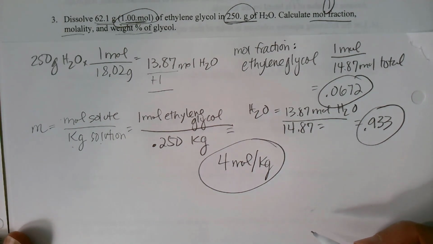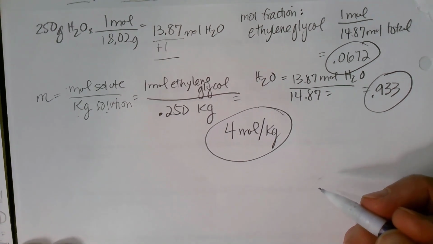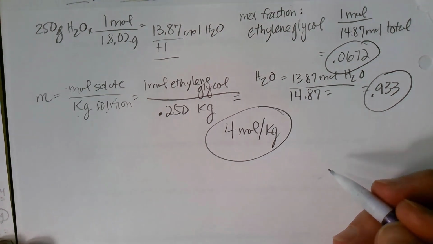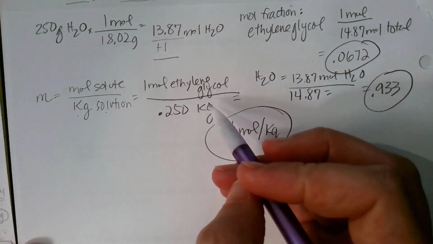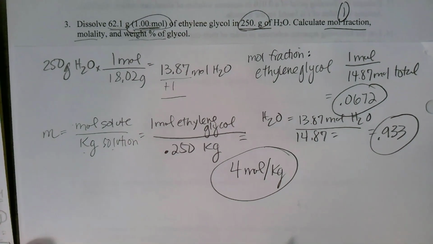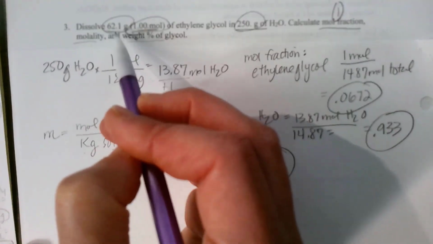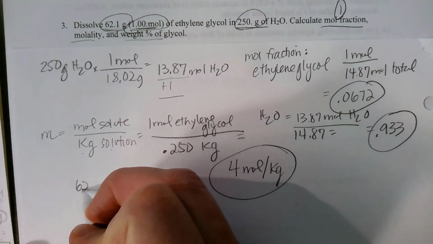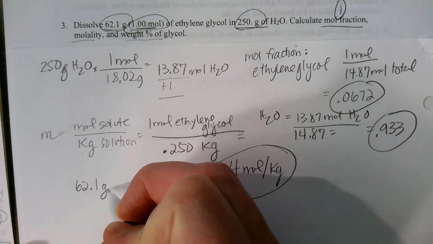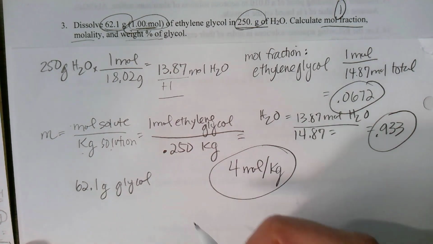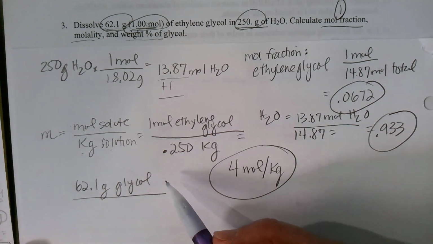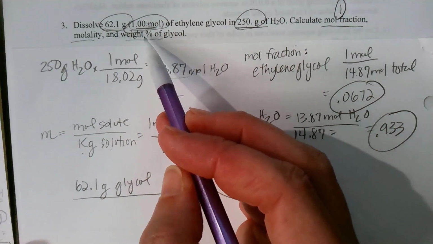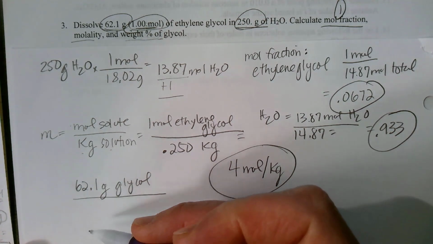Okay, and then we have one more piece, the weight percent of glycol. So weight percent, weight. We measure weight in grams. So we were told that we have 62.1 grams of glycol, and we're going to divide that, again, to get percent, we need our part divided by our whole.